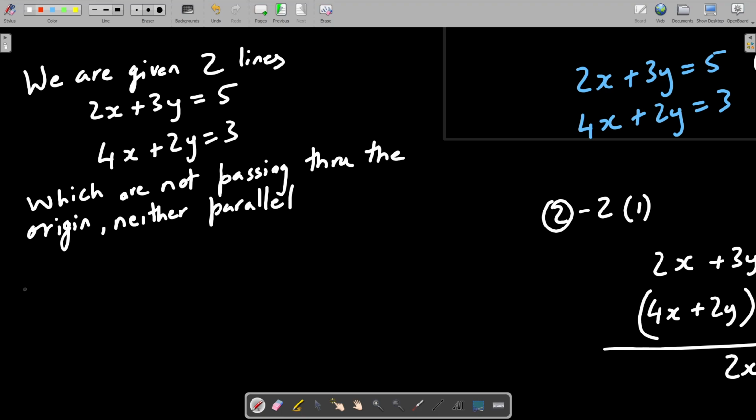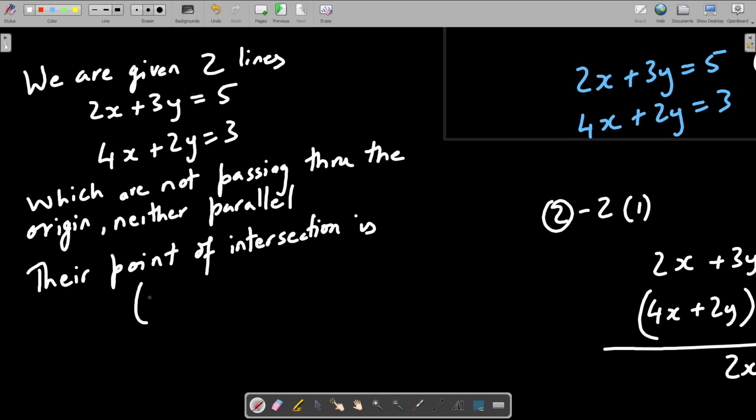Now their point of intersection, which we calculated there, what is the point we found out?